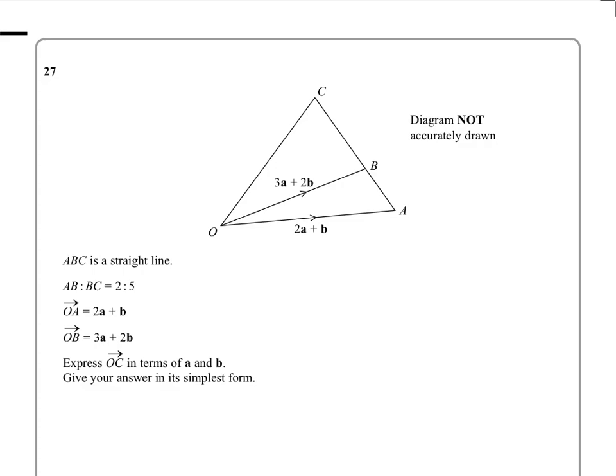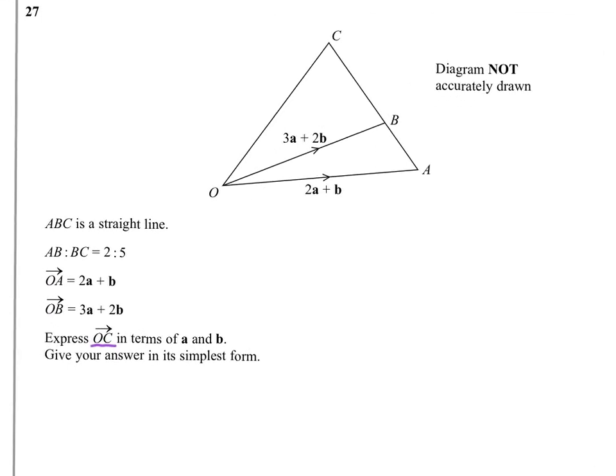Now in this question, it's vectors, not students' favourites, I have to say, but we've got to represent the vector OC in terms of A and B, and we're given a few bits of information to go on. Ratio, you've got to be very careful. It means that if AB has 2 parts, then BC has 5 parts.